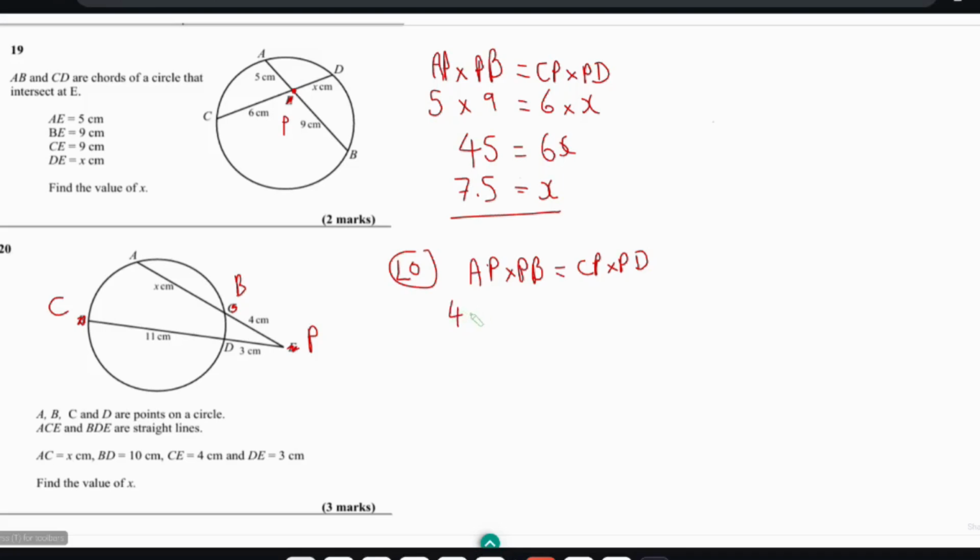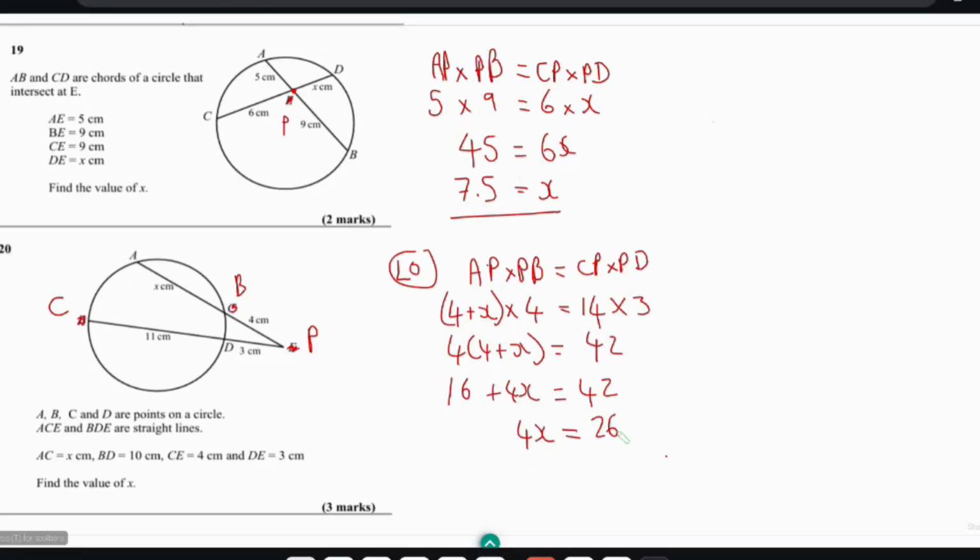AP is 4 plus x, PB is 4, CP is 14 and PD is 3. 42. Expand our brackets. Okay, let's solve to find x by taking 16 off both sides, dividing both sides by 4.